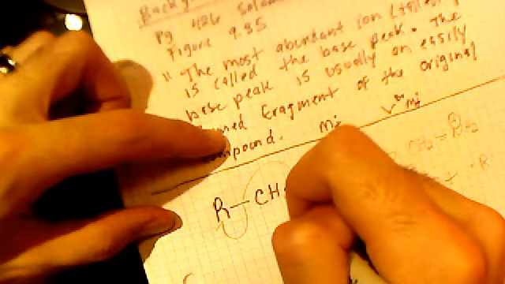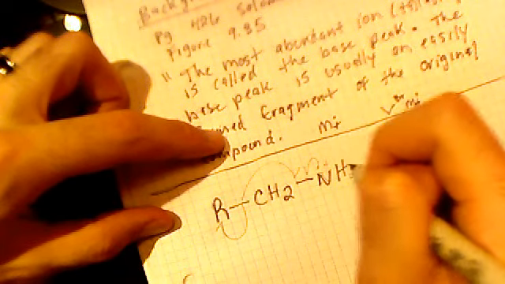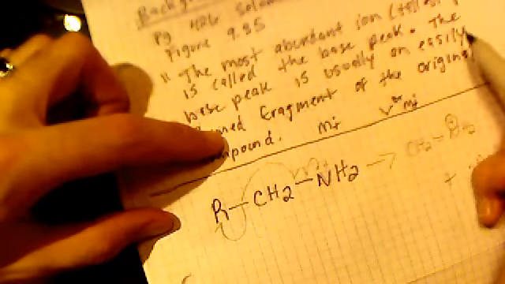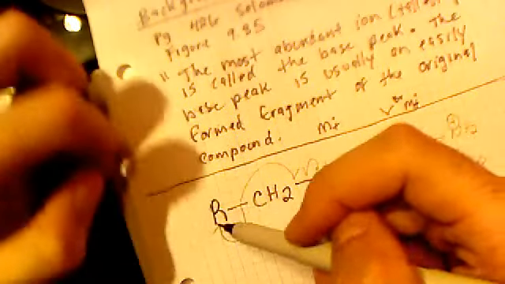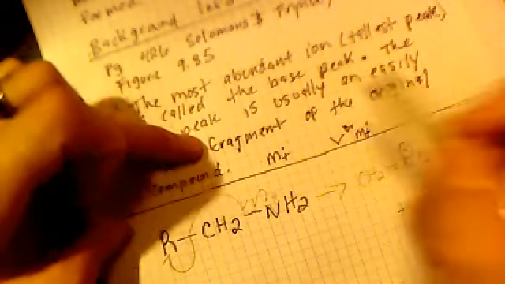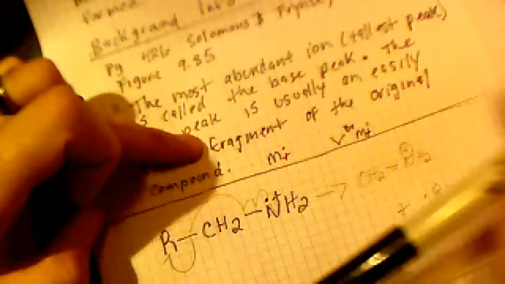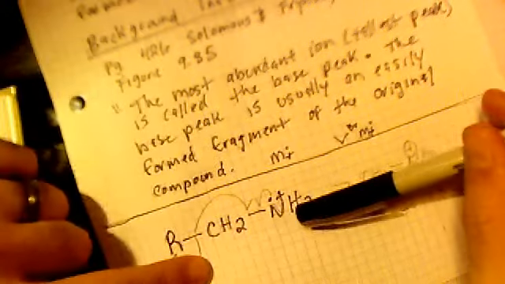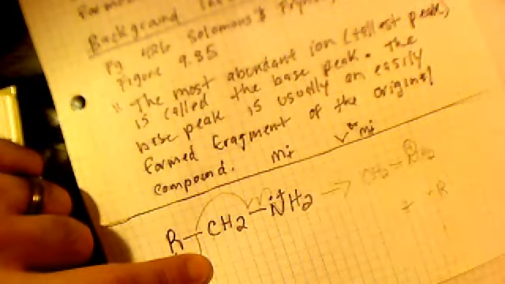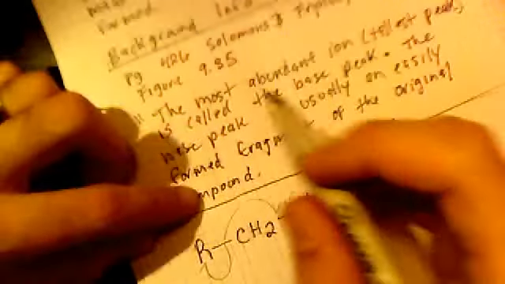So here's CH2 connected to NH2. So I guess R is the homologous series. It's the CH2s and the CH3s going this way. So you ionize it, right, and the N has a lone pair of electrons. The nitrogen has a lone pair of electrons, so it's the one that loses its electron and gets the positive charge.